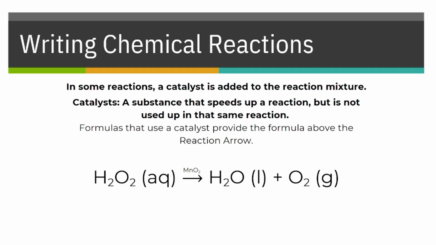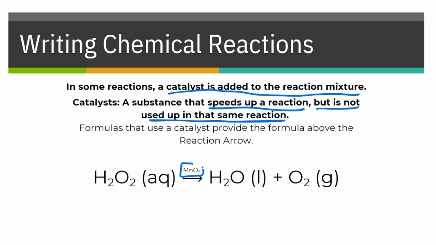A catalyst is really something that is going to be added to the reaction mixture, but is not used in the reaction whatsoever. Its purpose is really just to make things faster, either to decrease the temperature needed for the reaction to happen, or maybe to increase the amount of energy that is in the system in the form of heat.